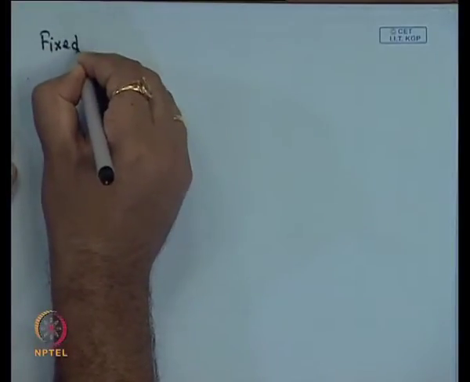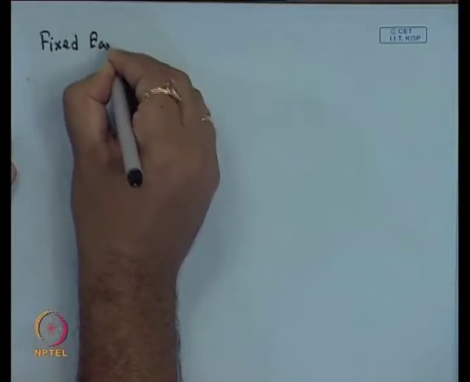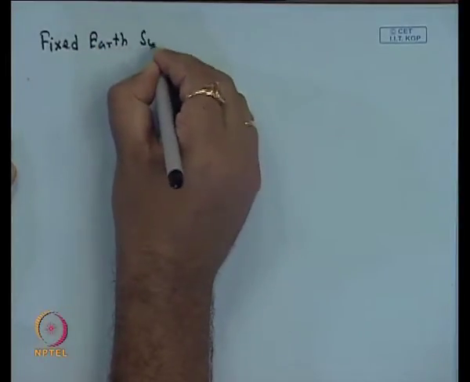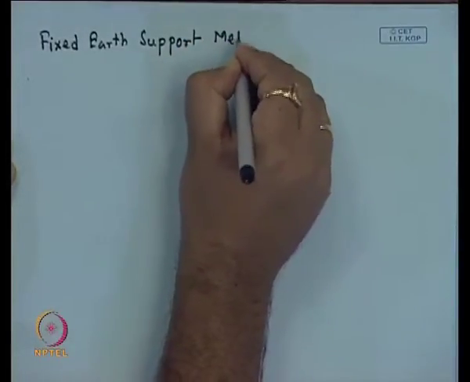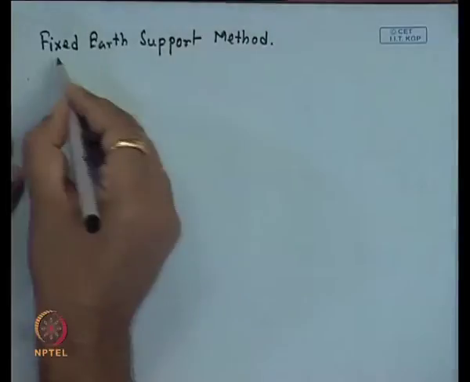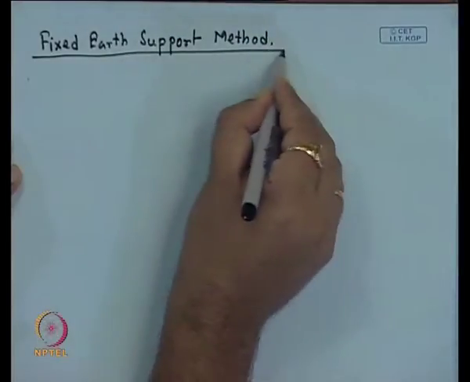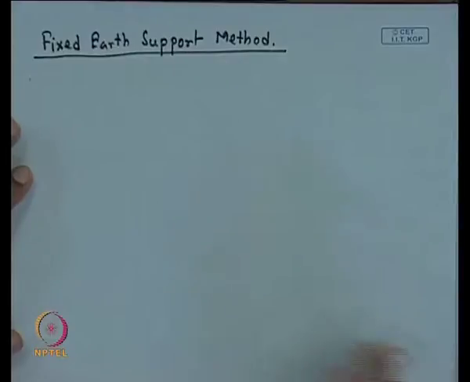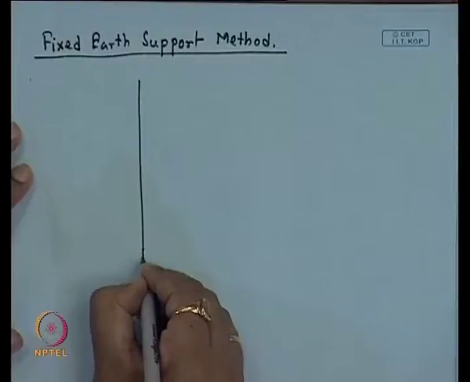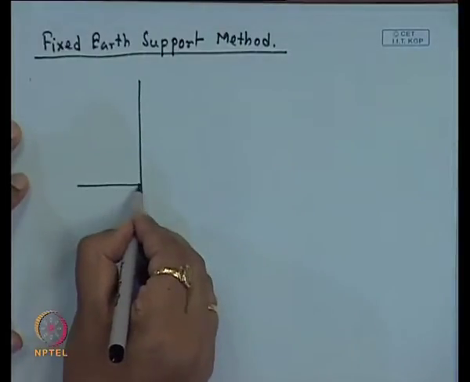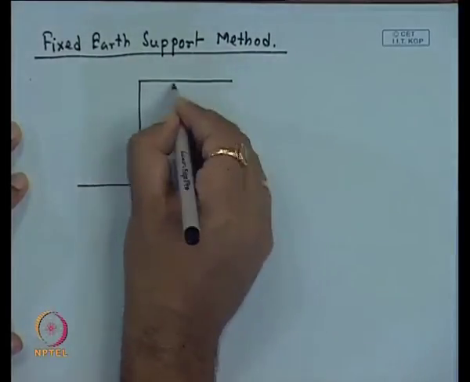In that method, the next one is the fixed earth support method. That means here we consider this is our sheet pile, this is the dredge level, this is the top surface.